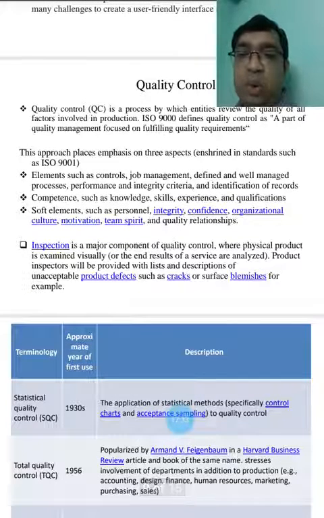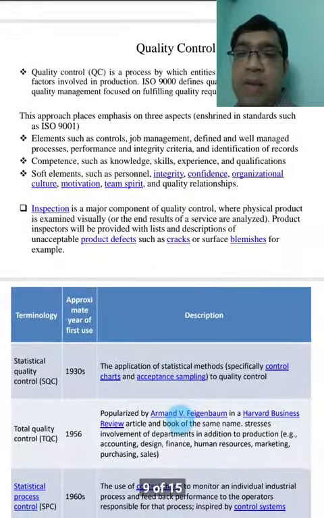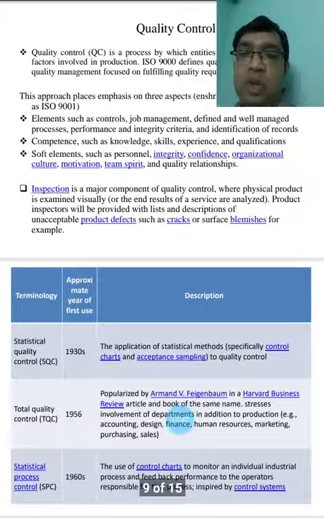This approach places emphasis on three aspects inherent in standards such as ISO 9000: elements such as control, job management, defined and well managed processes, performance and integrity criteria, and identification of records.